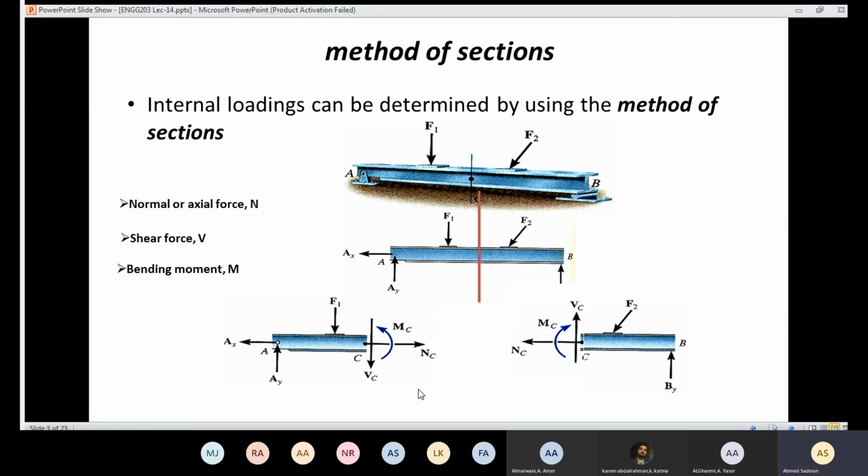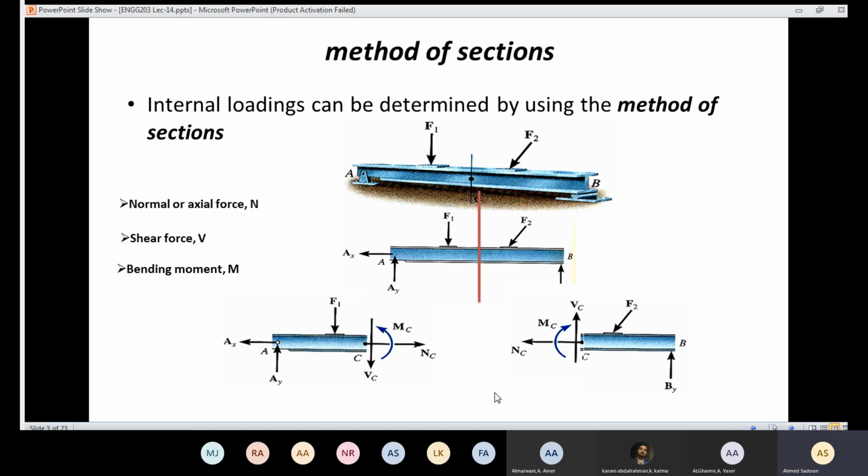Like you can notice here, we have NC, and here we have also NC, and they are opposite. The same goes for VC and MC, because those forces are acting on the same point. So according to Newton's third law, these forces should be equal and opposite.